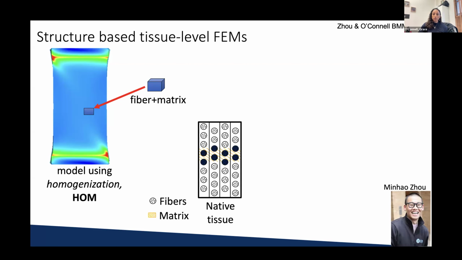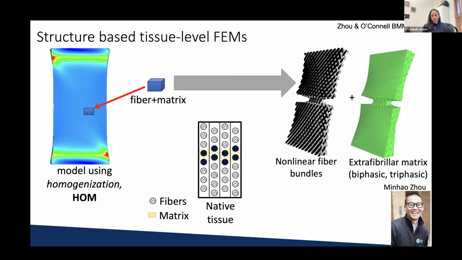So our approach used a more structure-based approach where we actually modeled the fibers as a separate material within the extrafibrillar matrix. We can do this because of new technology through FEBio software, which allows us to include mathematical models that specifically describe biological tissues and the water content within the tissues.